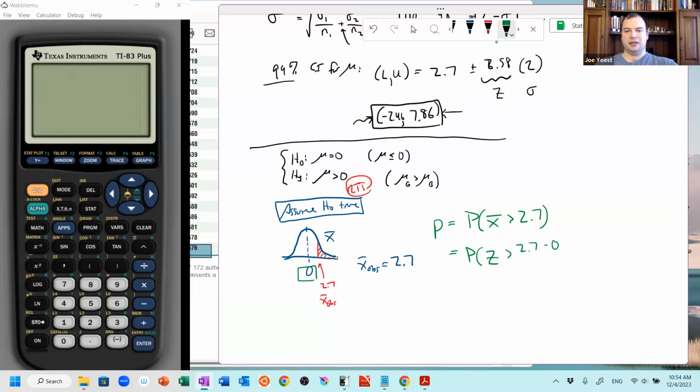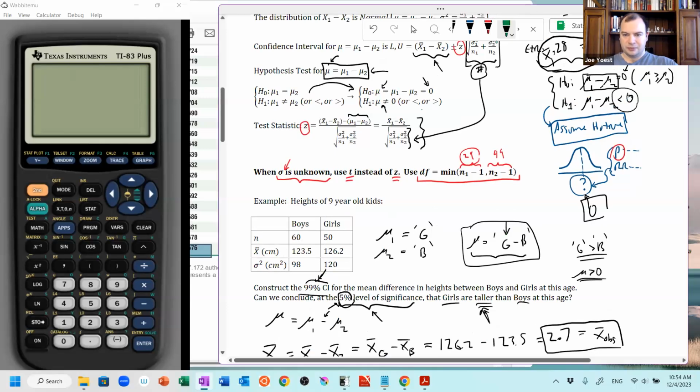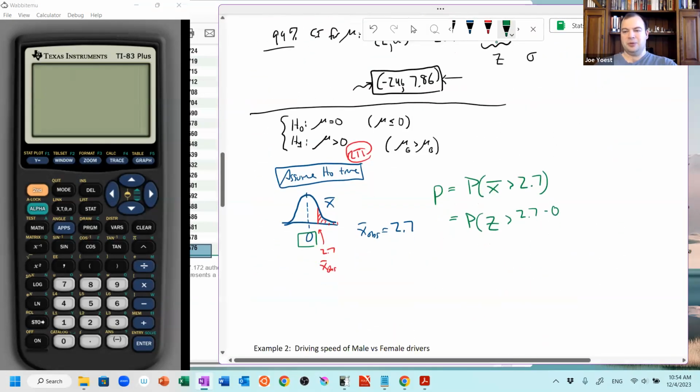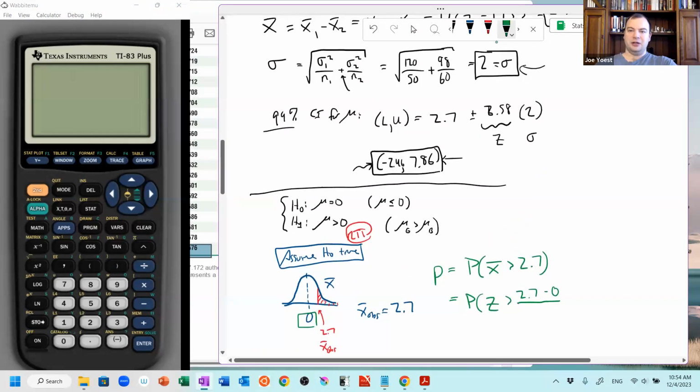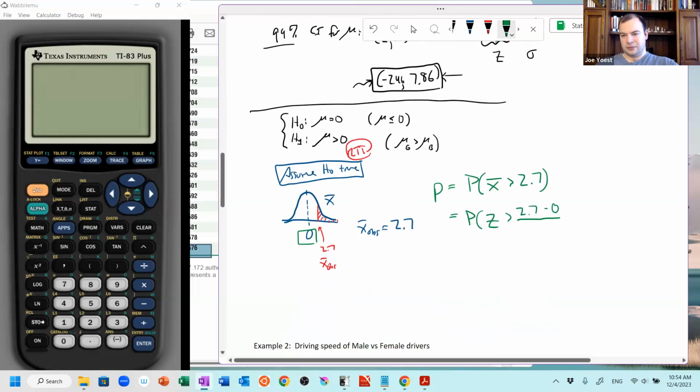I don't really have to write it in there. We kind of omitted it in this Z critical formula up here because it's always 0 that we're testing against, but I'll put it here explicitly just so we see where everything comes from, and divided by the standard error for X bar 1 minus X bar 2, which was 2.